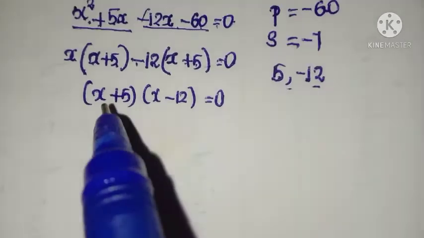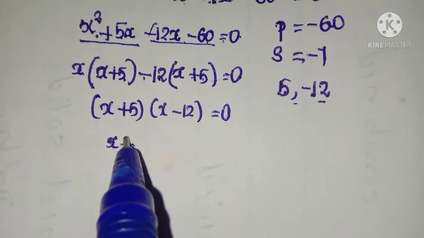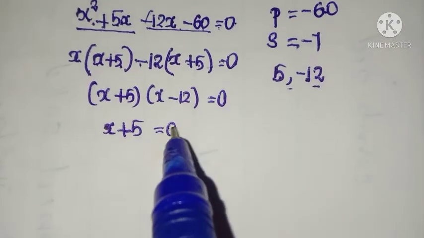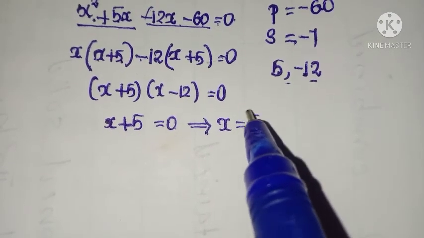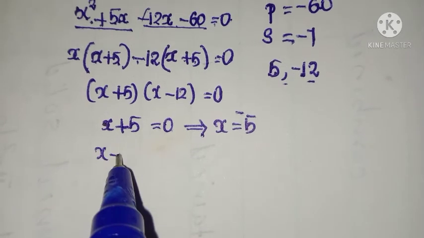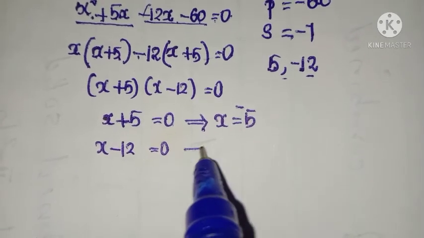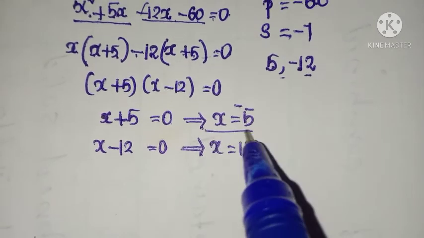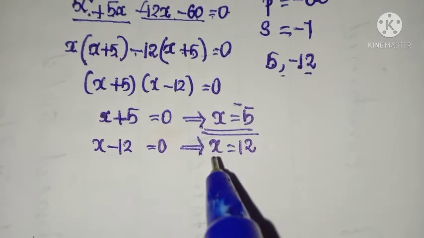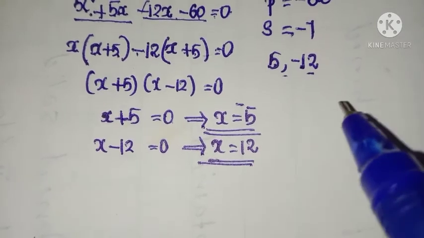Now equate each factor to 0. We get x plus 5 equal to 0 implies x equal to minus 5. X minus 12 equal to 0 implies x equal to 12. So x equal to minus 5 and x equal to 12.